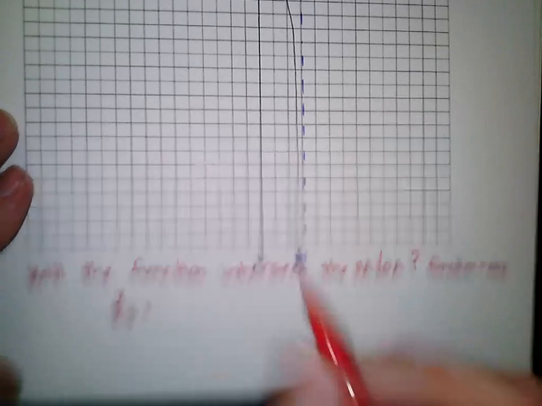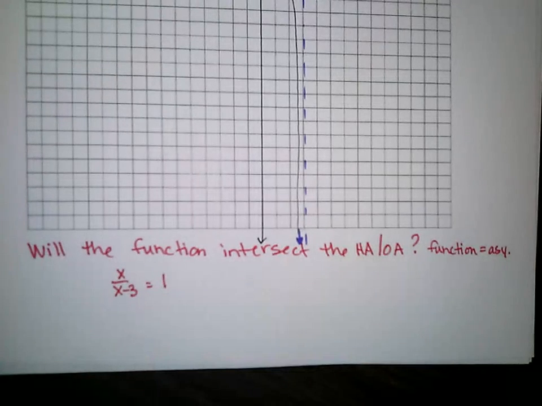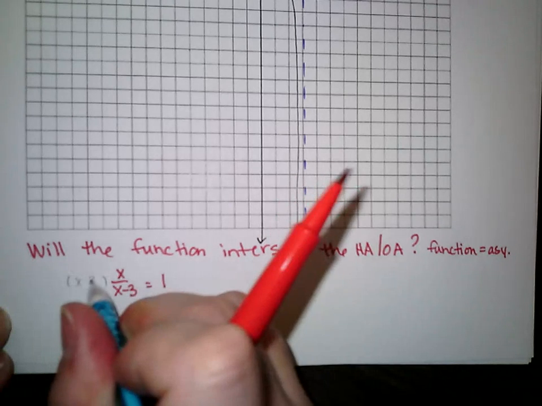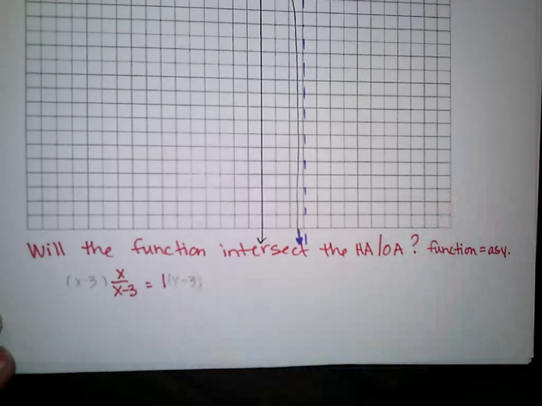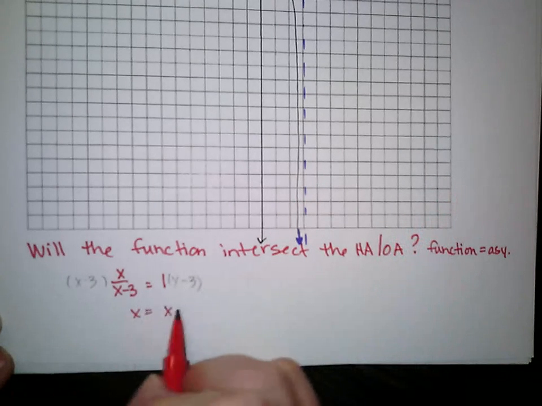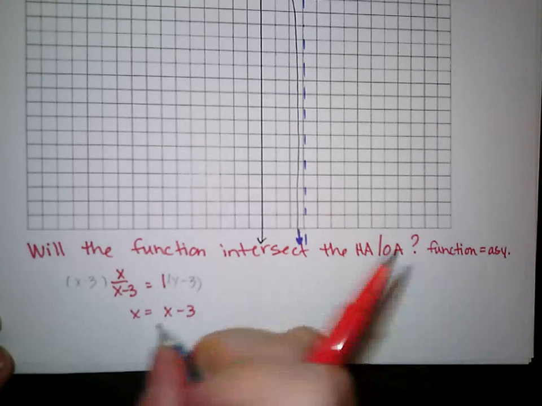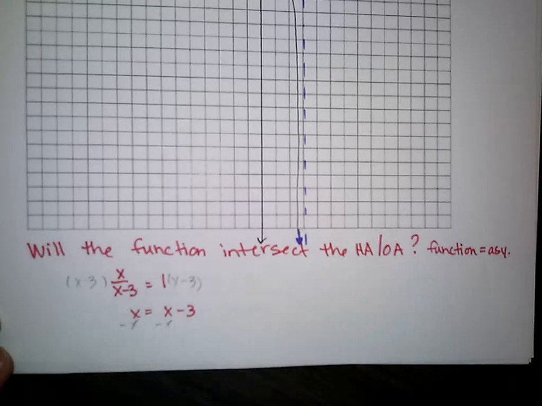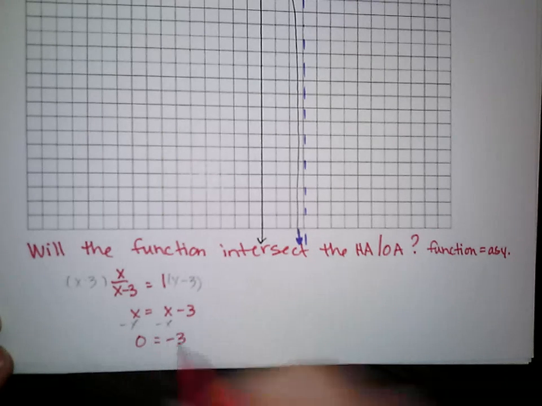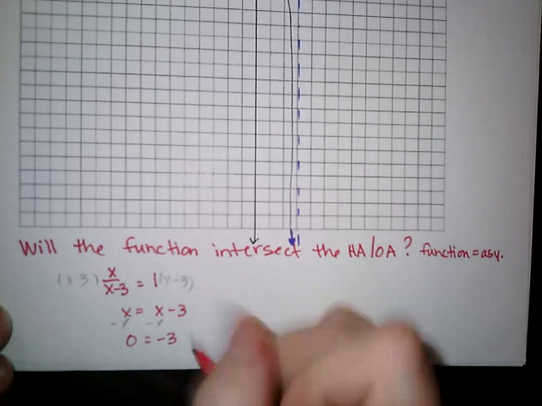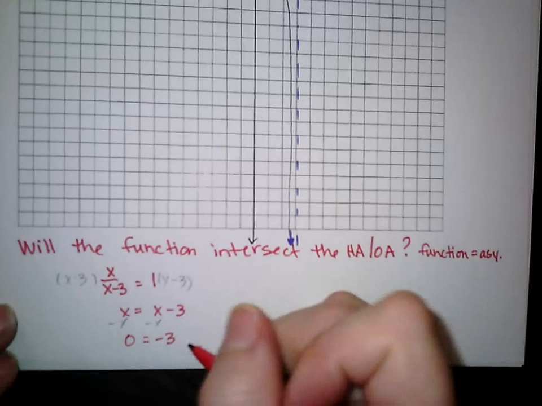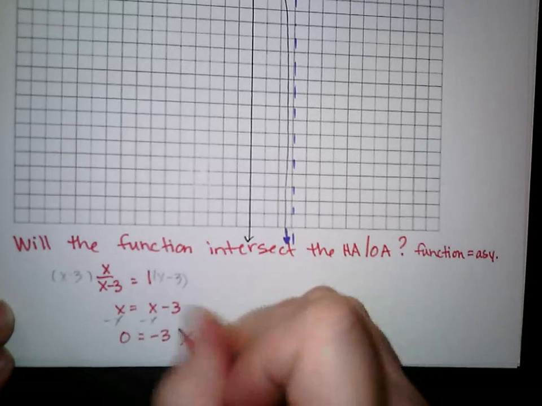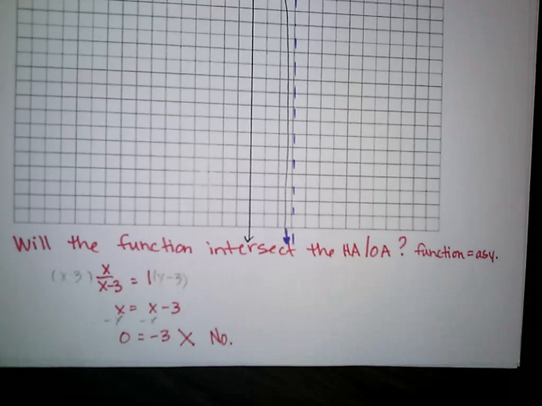Our asymptote was y equals 1. So we're going to solve that by multiplying both sides by x minus 3. That gives us x equals x minus 3. If we subtract x from both sides, we get 0 equals negative 3. Since that is not true, we didn't get an x value, we got something false, then the answer to that is no. The graph will not intersect the horizontal asymptote.